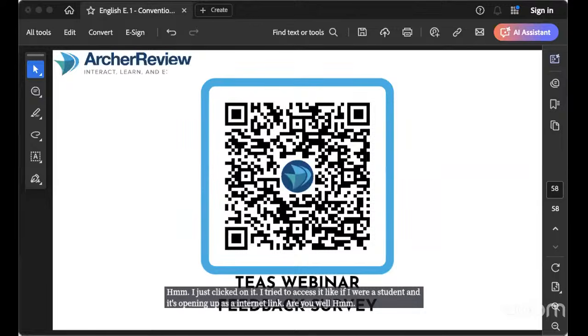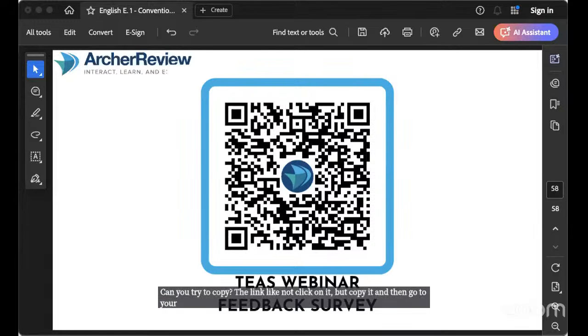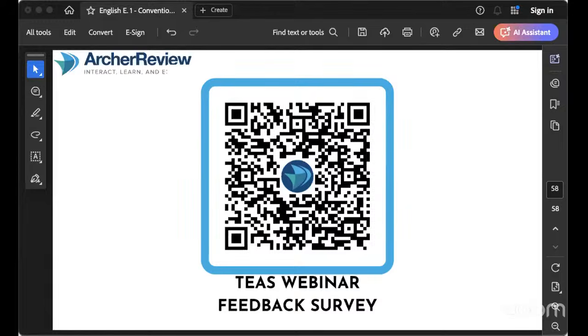Can you try to copy the link, not click on it, but copy it and then go to your Google Chrome browser or something and paste it in? Will it let you do that? Do you have Adobe on your computer or phone that you're on?